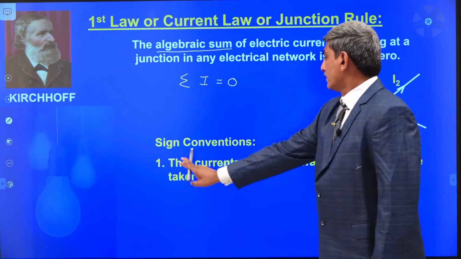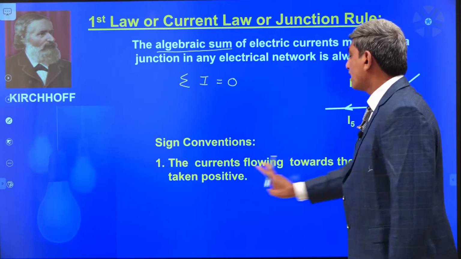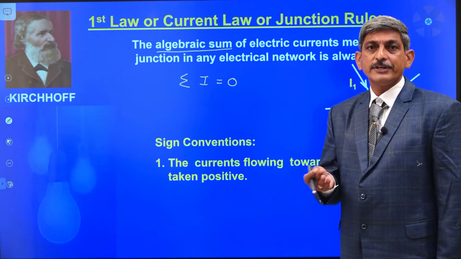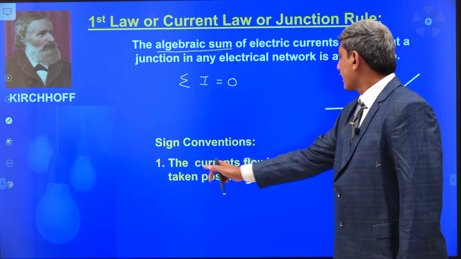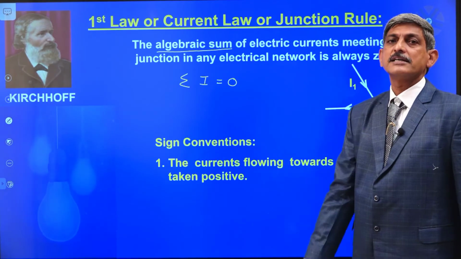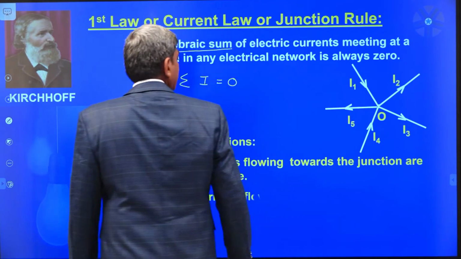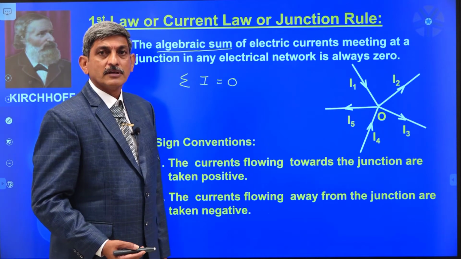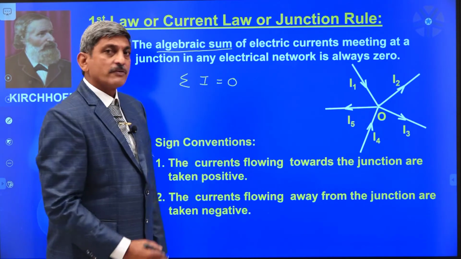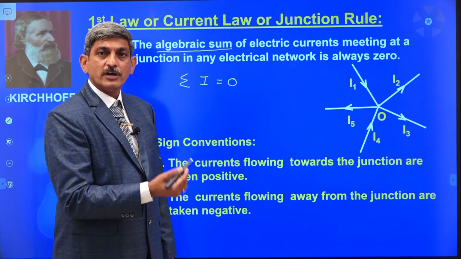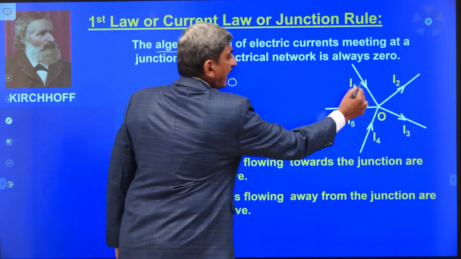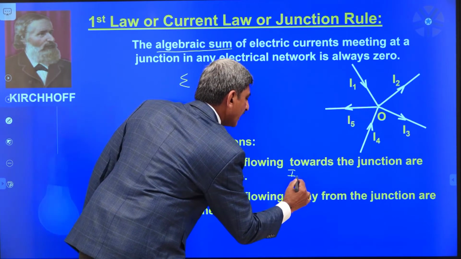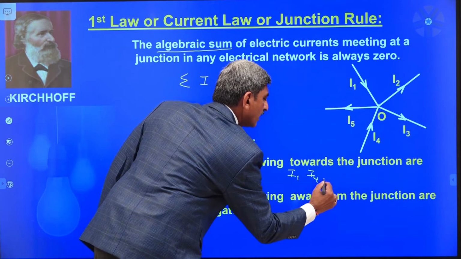The currents flowing towards the junction are taken as positive, and the currents flowing away from the junction are taken as negative. Now, for which currents do we take a positive sign, and for which a negative sign? I1 and I4 are flowing into the junction, so I1 and I4 are positive.